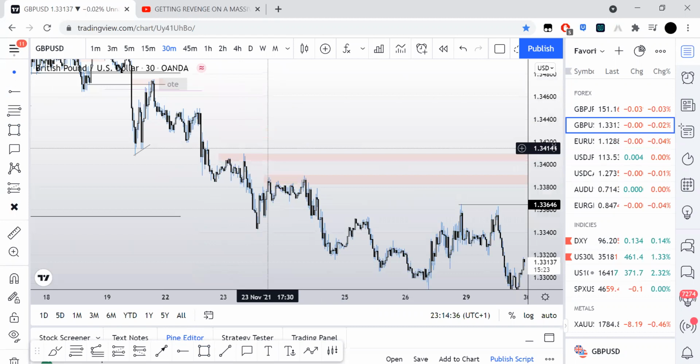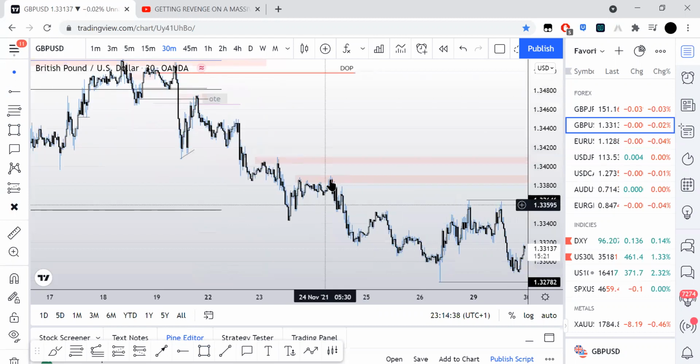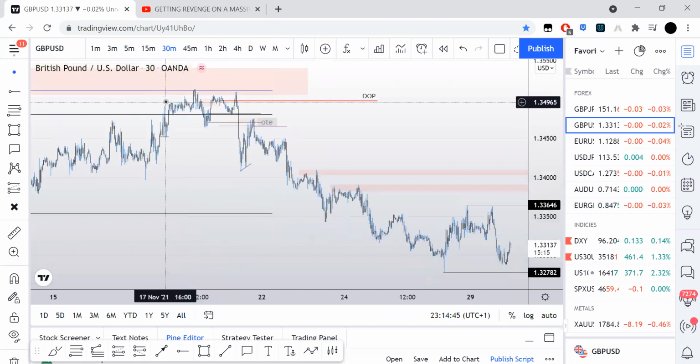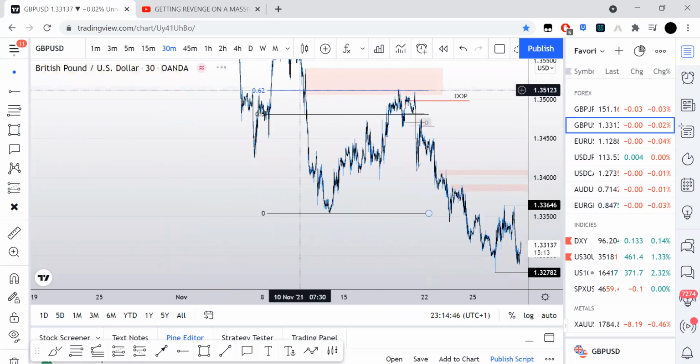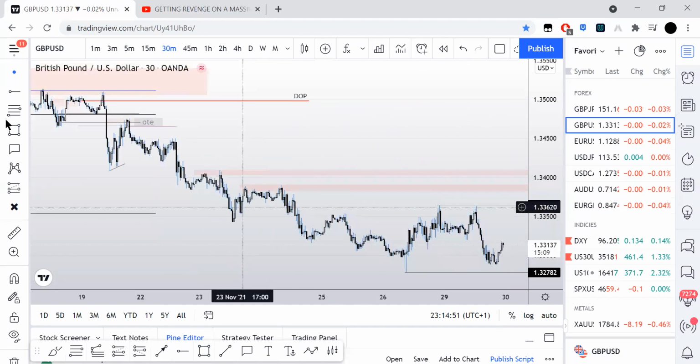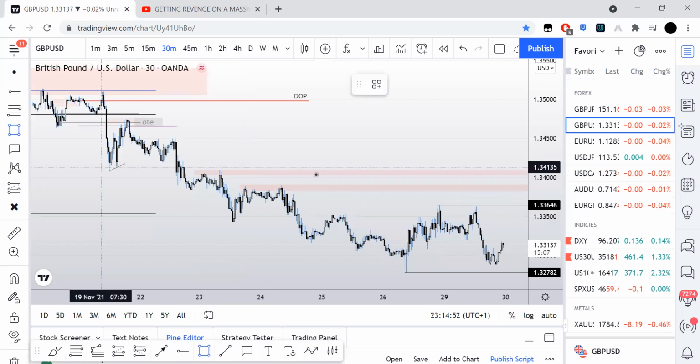This is kind of iffy, because what I was saying was, you see how we sold off from here, and we created a new swing. So every time price went lower, we created a resistance.